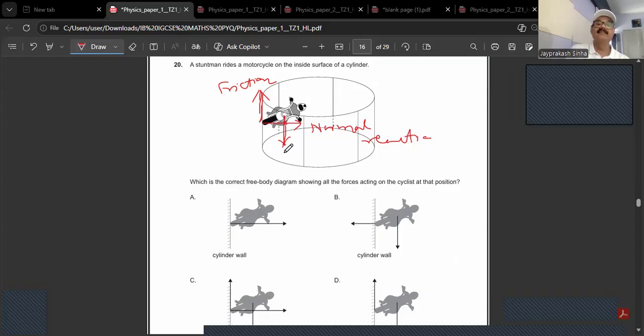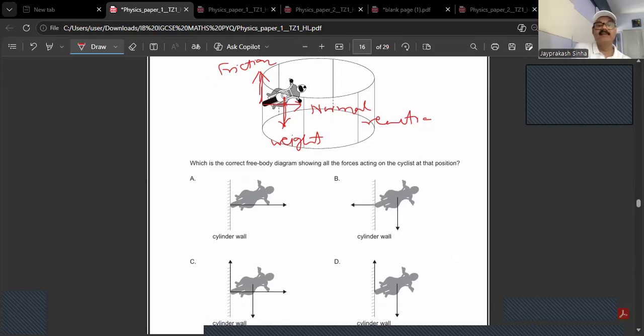Okay, that will be the weight. So out of these four, which one is matching? This C is matching. Correct? Frictional force F, this is your normal reaction force N, and this is the weight. So this is correct.